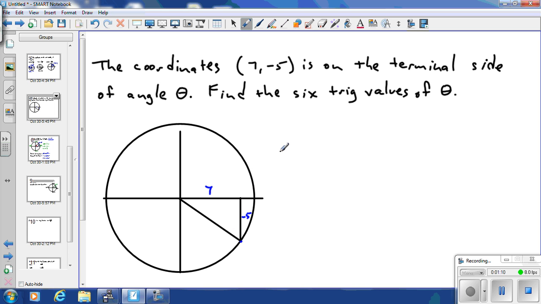So I'm going to use my Pythagorean theorem. 7 squared plus, I'm just going to write 5 squared. I could write -5, but when I square it, it's going to become positive anyways. Let's just call it h squared for hypotenuse. So 49 plus 25 is 74.